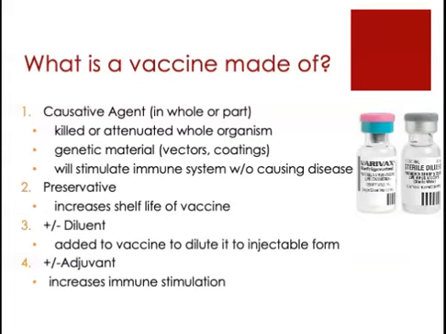Now, there are a couple of important technologies that go into making a DNA vaccine or a vaccine from other types of genetic material. In order to deliver genetic material into a host cell, we can use a viral particle.